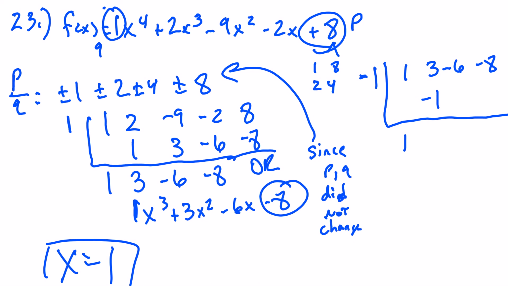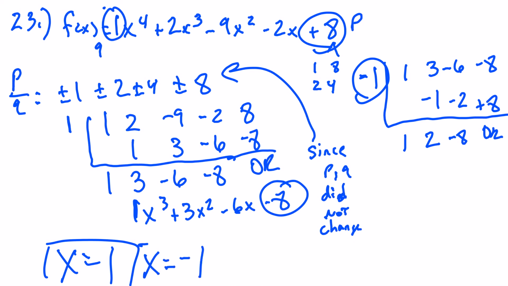1 times negative 1 is negative 1. 2, negative 2 gives me negative 8. Negative 1 times negative 8 is positive 8. No remainder. It means I have x is equal to negative 1 as an answer. It means I have x squared plus 2x minus 8 equals 0.